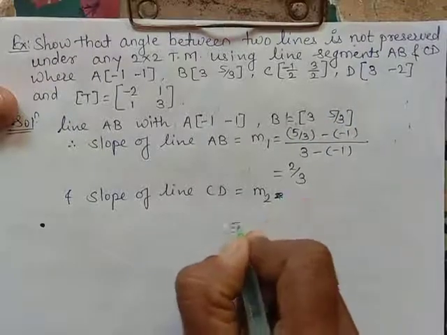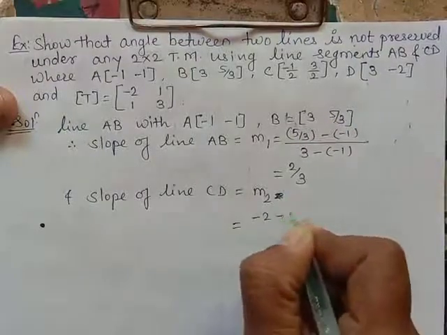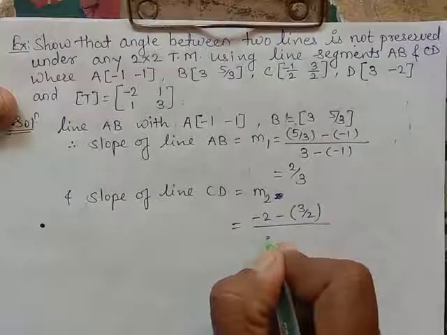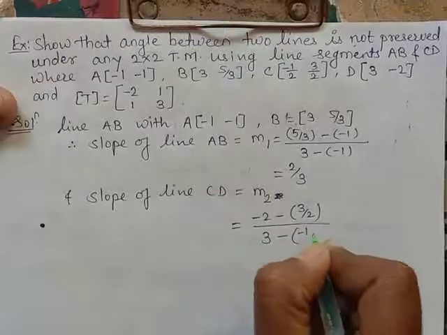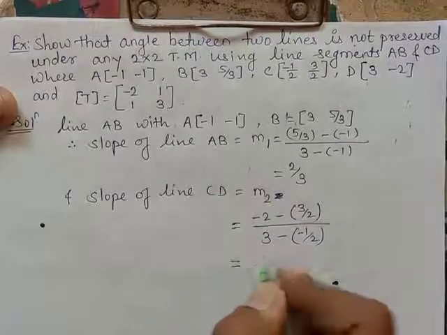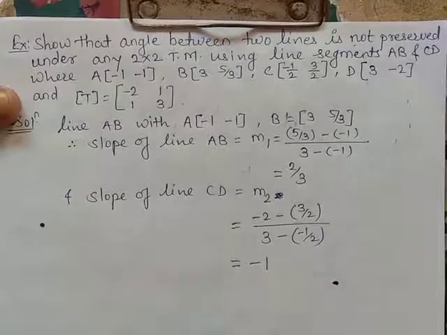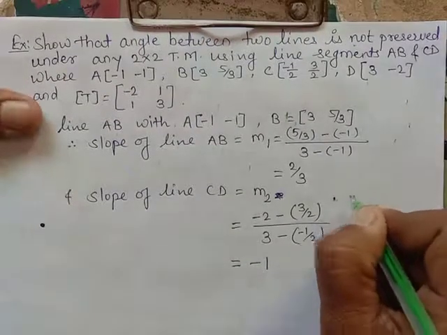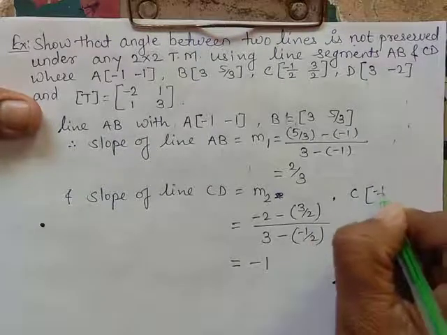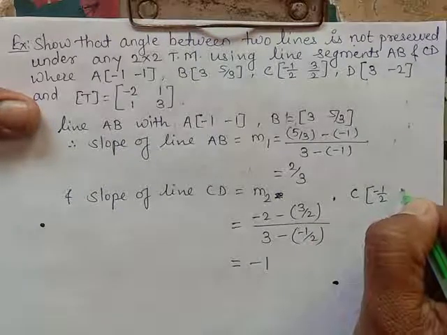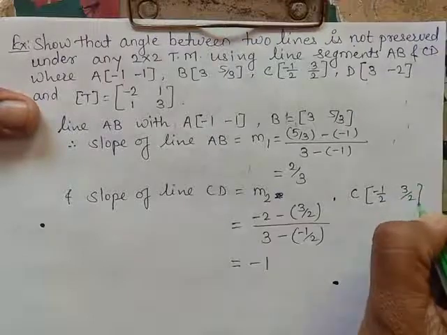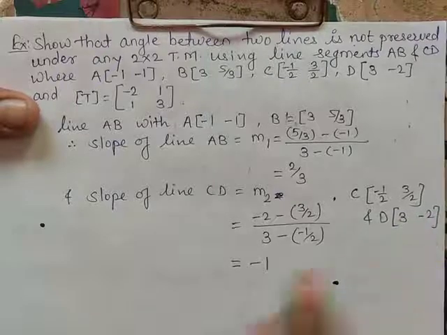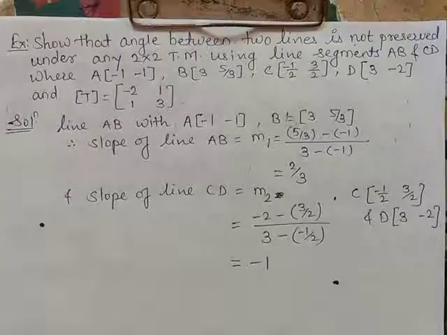That will be -2 minus of -3 by 2 upon 3 minus of -half, and simplifying we get it is -1. Okay, here C having the position vector -1 by 2, 3 by 2, and D having a position vector 3, minus 2. Okay, fine.